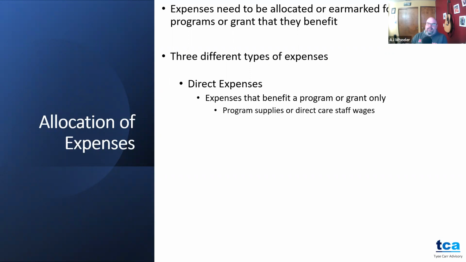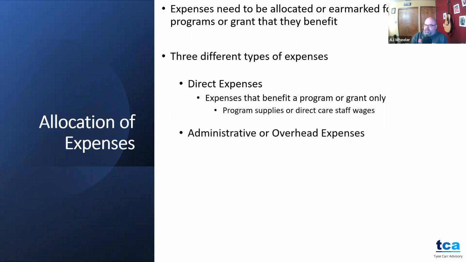So think of direct care staff wages, or program supplies that only apply to one grant or one program. Those are pretty simple. You get the invoice in, and it's only for the Measure 110 grant, so all of that bill gets coded directly to that program or grant. 100% of that bill goes to that specific grant.